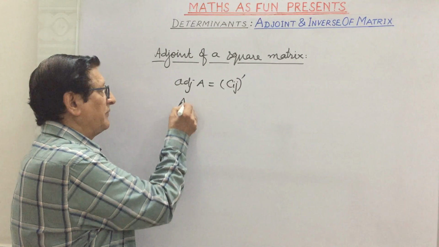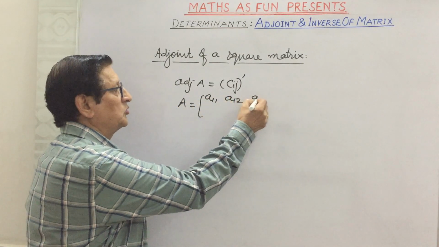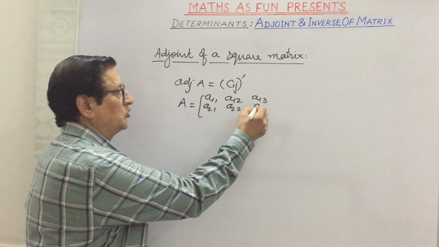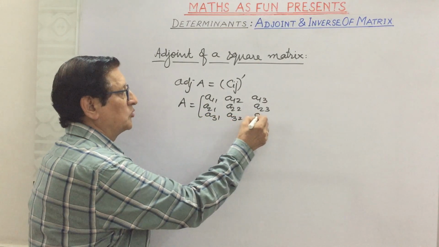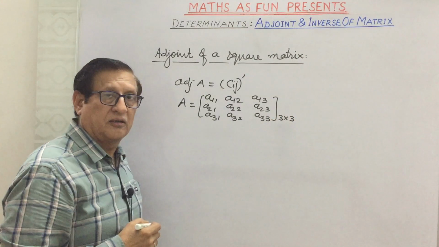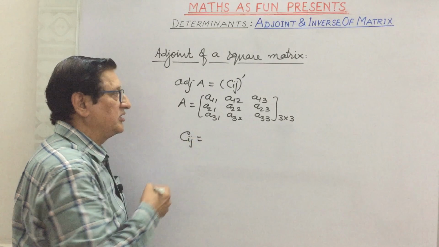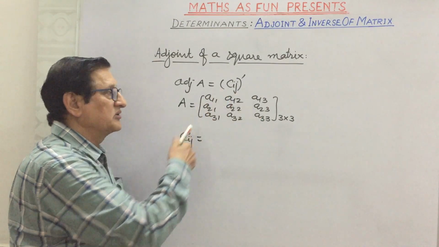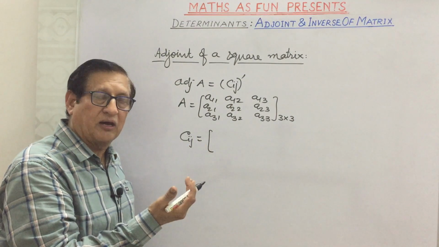Suppose we have a matrix A, and that is a11, a12, a13, a21, a22, a23, a31, a32, a33. This is of order 3 into 3. Then its cofactor matrix Cij is having all the cofactors of all the elements of it, and we represent the cofactor by Aij.